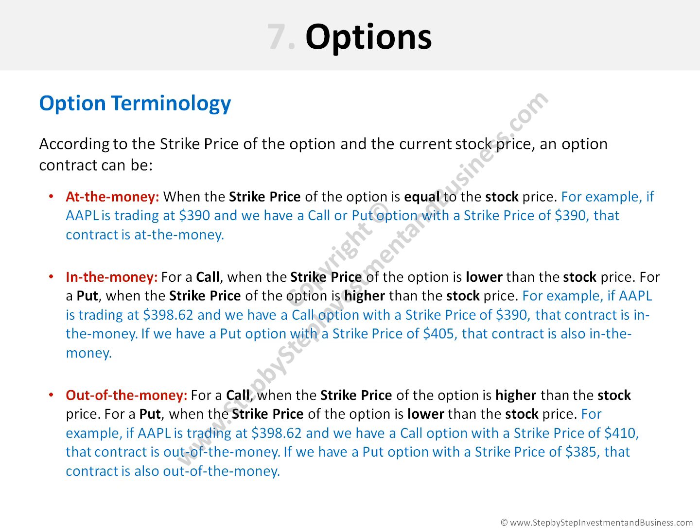In the money, for a call, when the strike price of the option is lower than the stock price. In contrast, in the case of a put, it is when the strike price of the option is higher than the stock price.